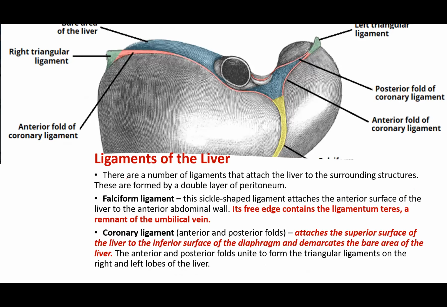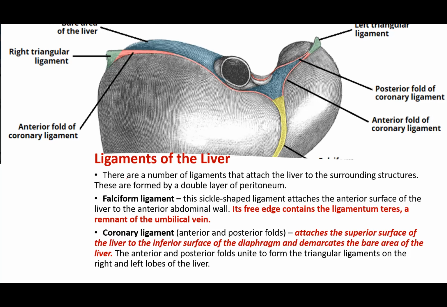Now let's see the ligaments of the liver before going to see the significance of the functional division, where the liver is divided into various segments. There are a number of ligaments that attach the liver to the surrounding structures. These are formed by a double layer of peritoneum.